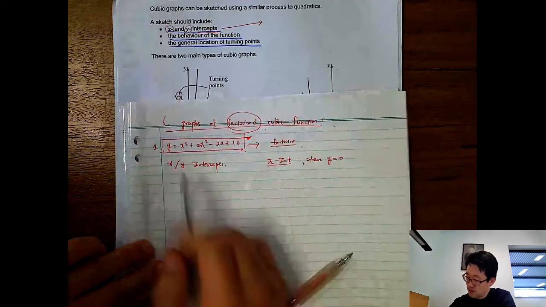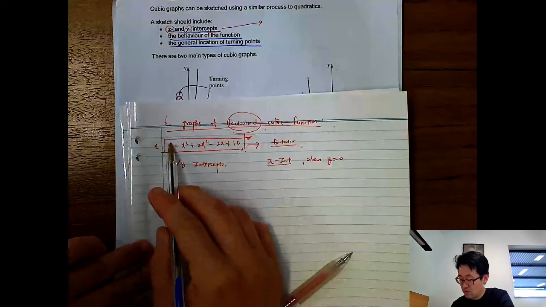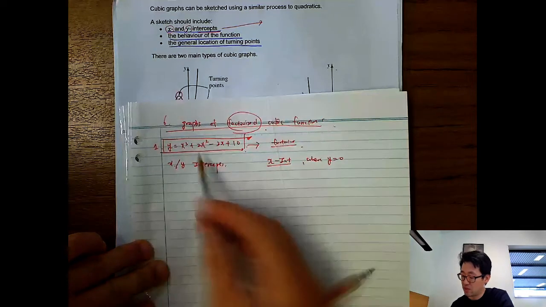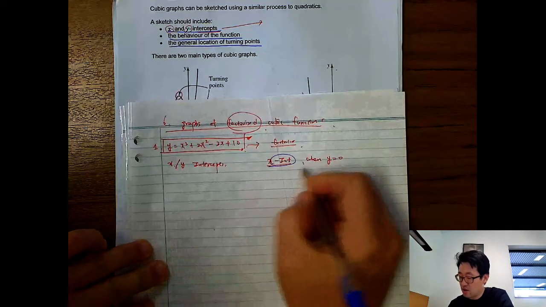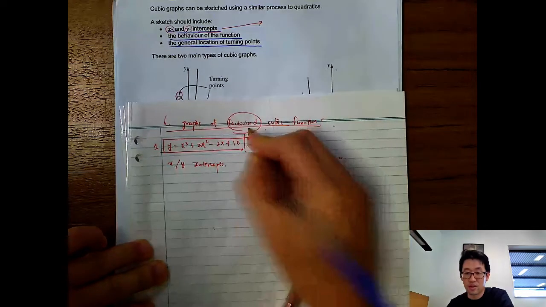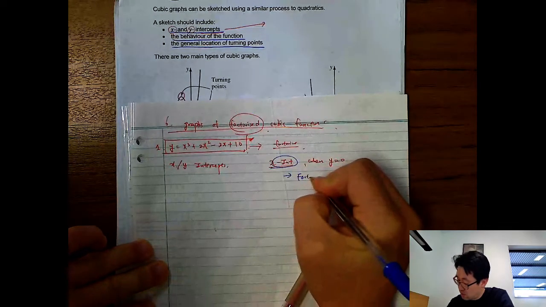So in that case, when y equals 0, we only know when we have the factorized form. So to get the x-intercept, you actually need to factorize it.